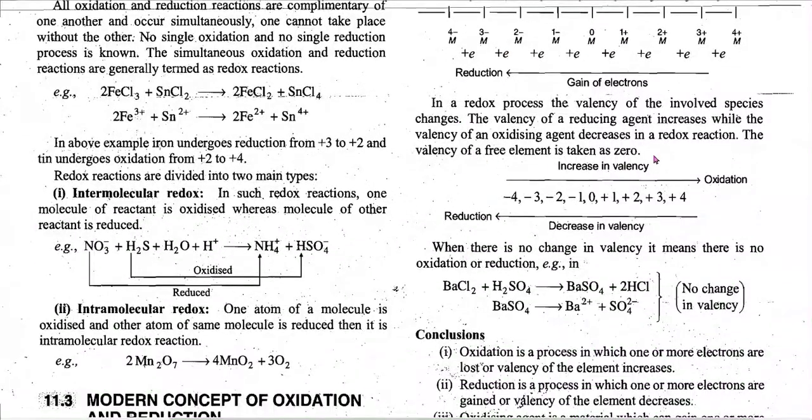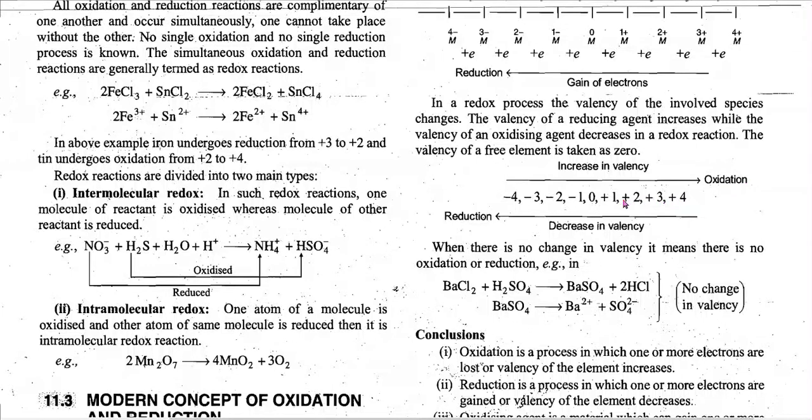Now, in terms of valency, just now I told you that increase in valency or increase in positive charge. Suppose from +1 to +2 to +3 to +4, there is an increase in positive charge. The increase in positive charge is called oxidation.